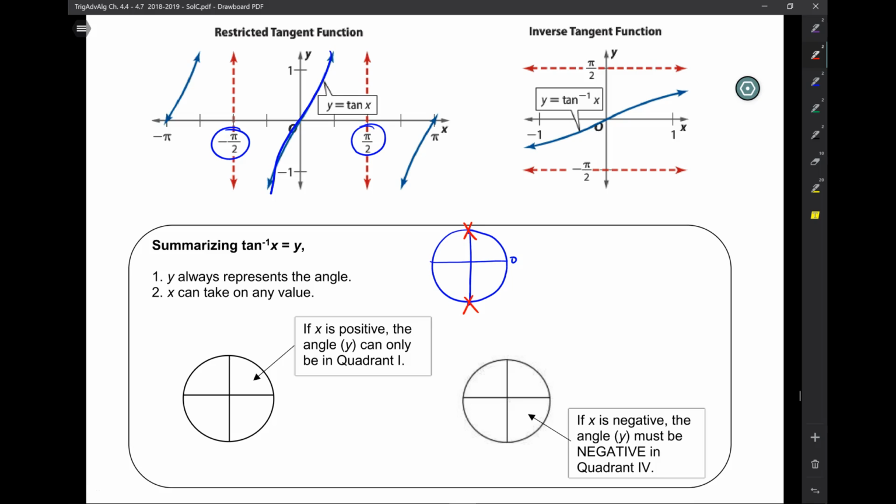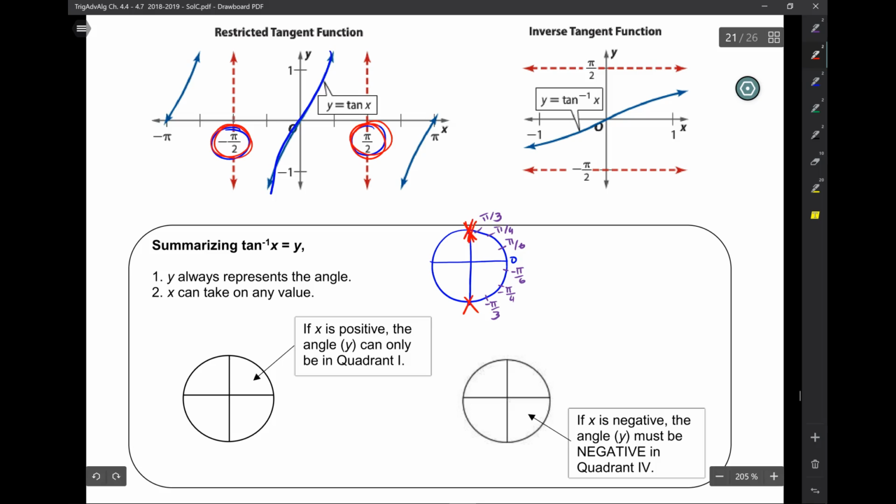For sine, what were the angles that we looked at? Pi over 6, pi over 4, pi over 3, and then pi over 2, and here negative pi over 6, negative pi over 4, negative pi over 3. It's the same for tangent, except that at negative pi over 2 and pi over 2 there are asymptotes, so we can't have those as our answers.